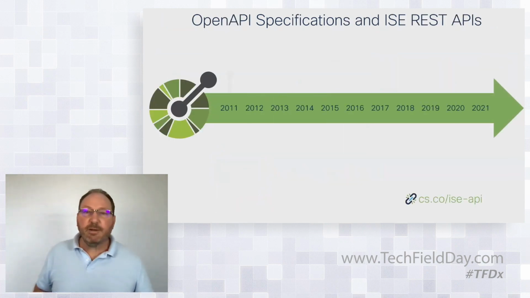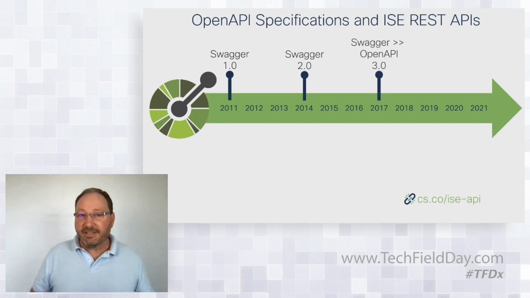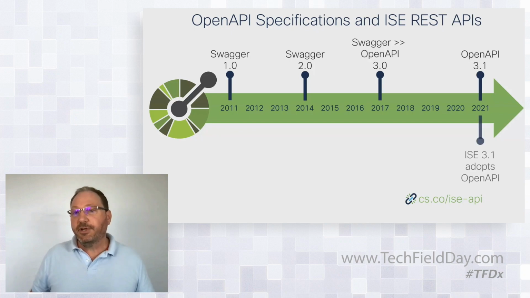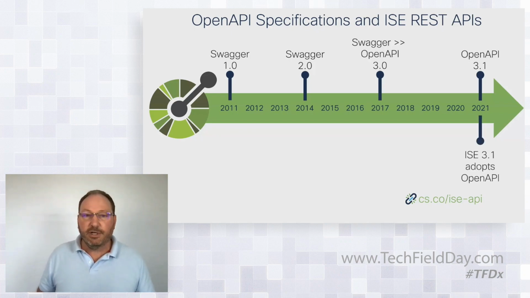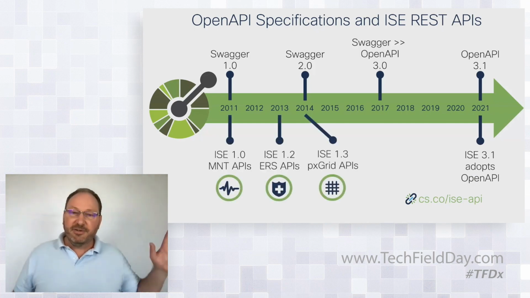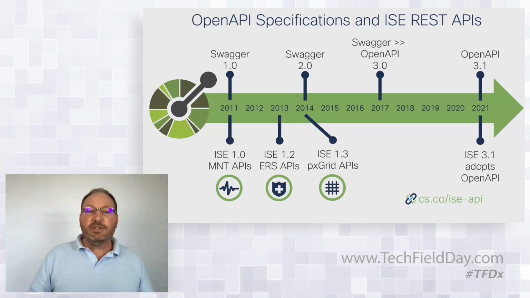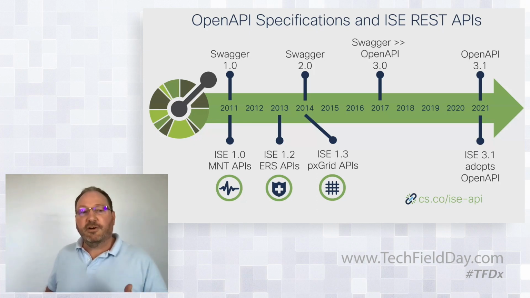So in terms of the different APIs, OpenAPI is something that's been around for about a decade now, and very recently they announced their 3.1 OpenAPI specification, so we went ahead and adopted that for ICE 3.1. But we've actually been doing APIs for quite a while. Starting with our first 1.0 release, we had our M&T, or management and troubleshooting APIs. We then followed on with some initial configuration capabilities for ERS, or External RESTful Services.